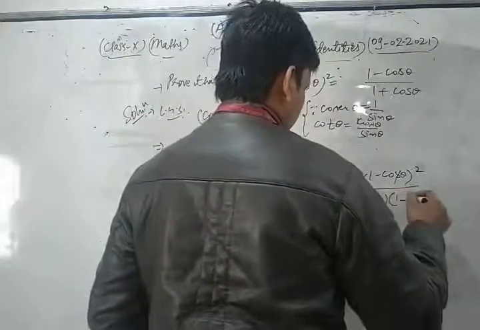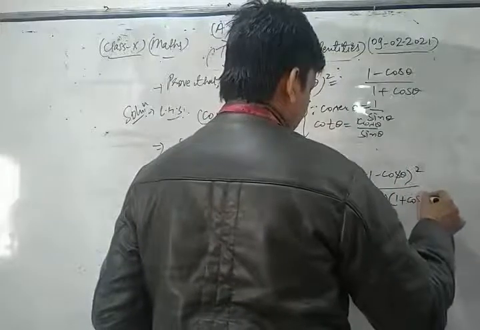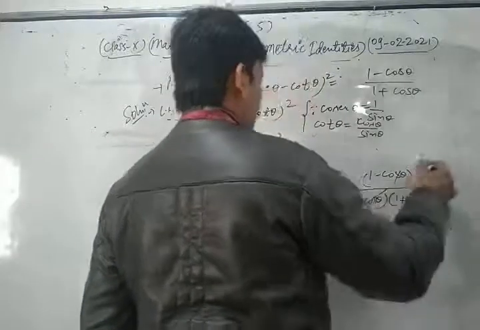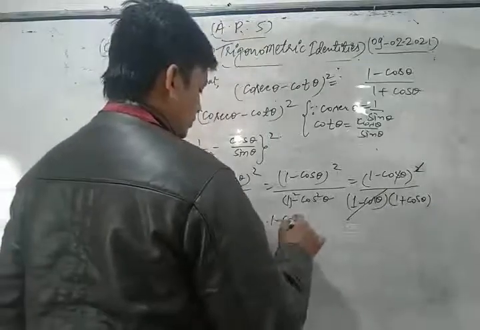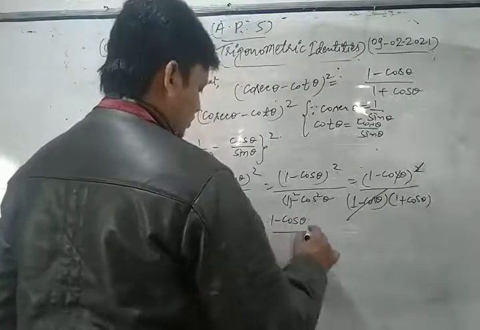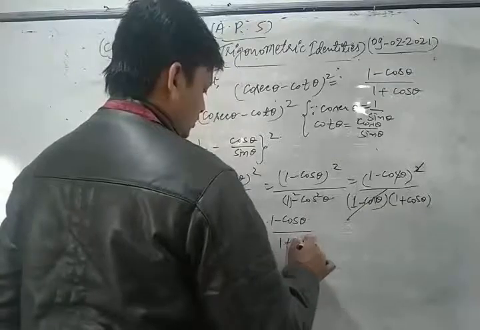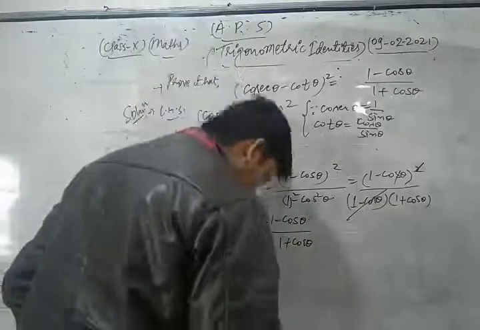So 1 minus cos theta and 1 minus cos theta cancel each other. Thus we get (1 minus cos theta) upon (1 plus cos theta). Hence proved.